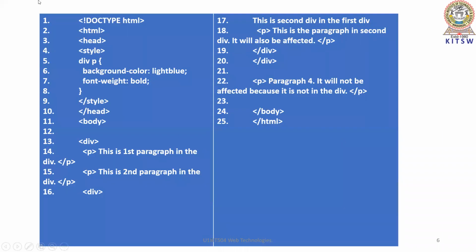Look at this example. This is the first line, a comment line. These are standard tags; by looking at these tags, the browser is going to know the file is HTML. This is the head part.